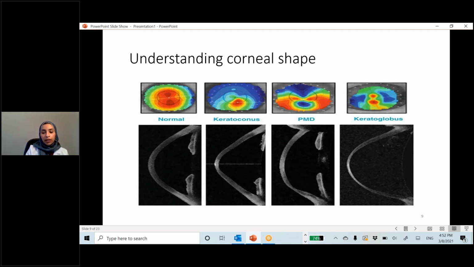So it is not uncommon to have a base curve of 8.2, 8.4, or 8.6, or even flatter when you're using the Kerasoft IC lens. And again, these base curves are very similar to what you fit with a soft sphere if you have a standard myope coming into your clinic.